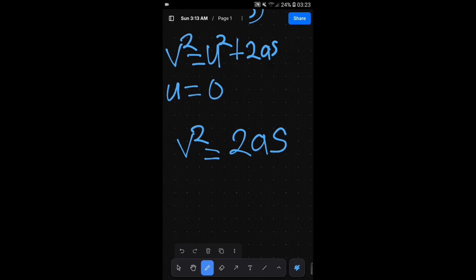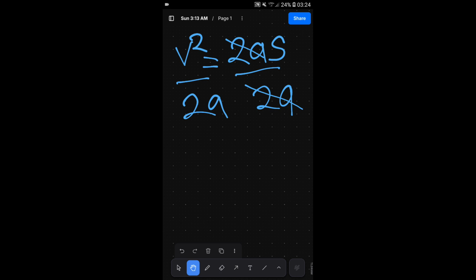Okay, so if we make s the subject of the formula, we divide both sides by 2a. So 2a cancels here, and we have that s is equal to v² on 2a.